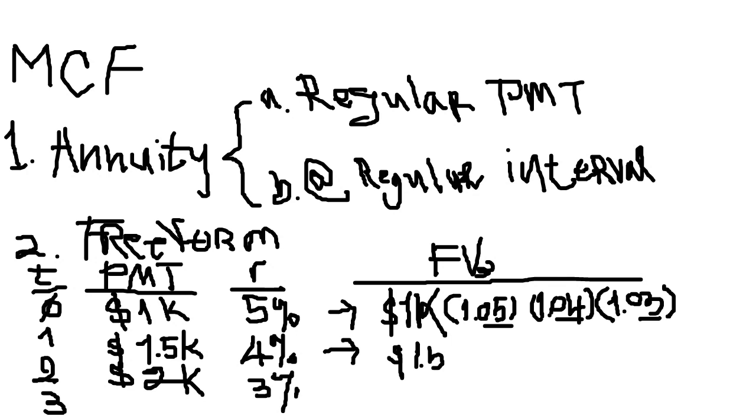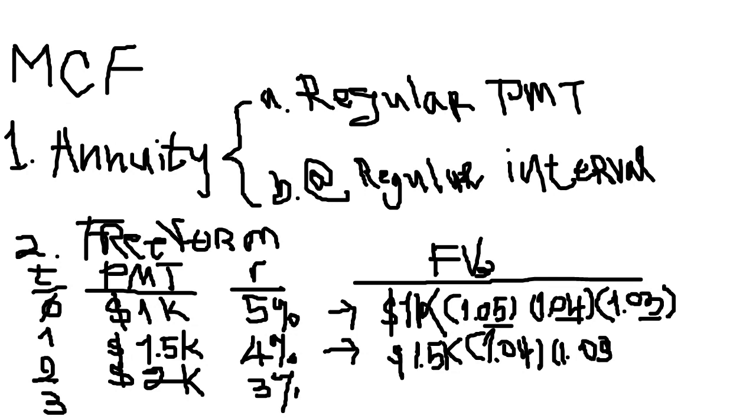$1.5K, which was deposited at the beginning of year 2, or end of year 1, right? It has a 2-year timeline, so it's going to earn interest like this, and then 1.03.